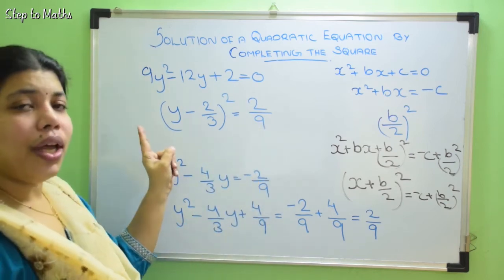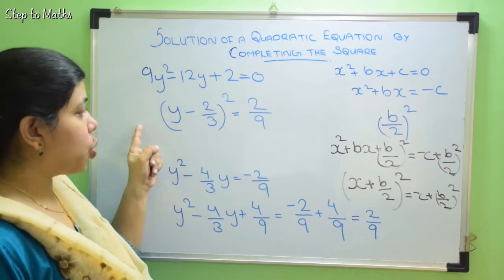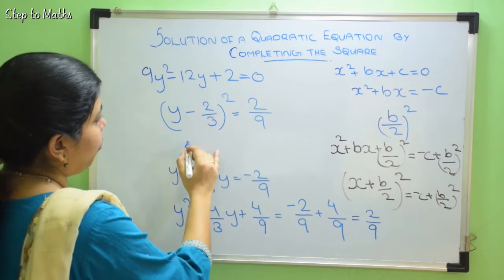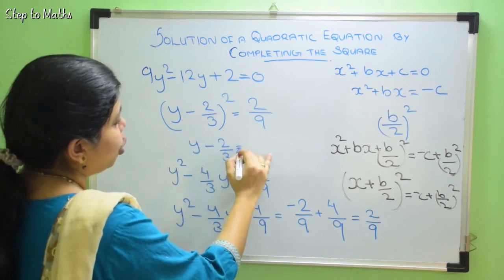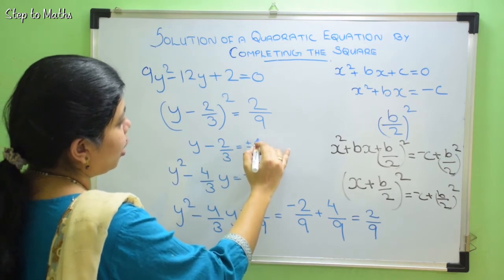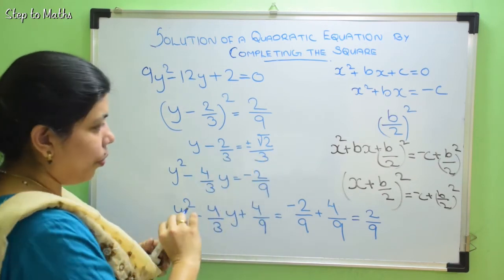Okay. Now the left part is in the form of a perfect square, so take its root. y minus 2 by 3 is equal to plus or minus root 2 by 3.